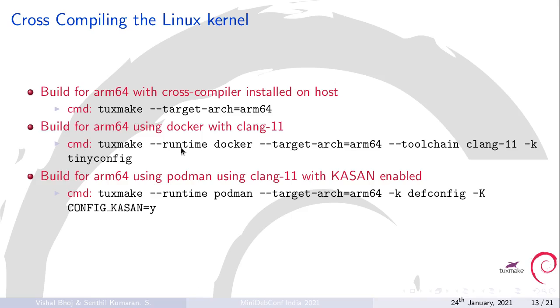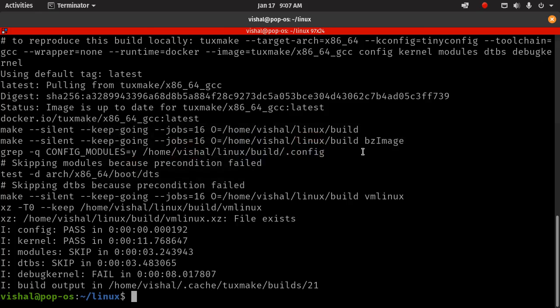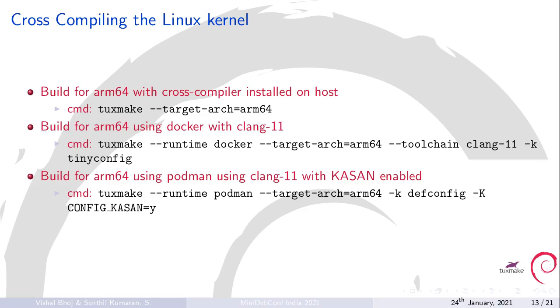The second command is to do a build for ARM64, but the toolchain used is packaged inside our TuxMake Docker container. So I'll just do the build, that way you'll get to know later.